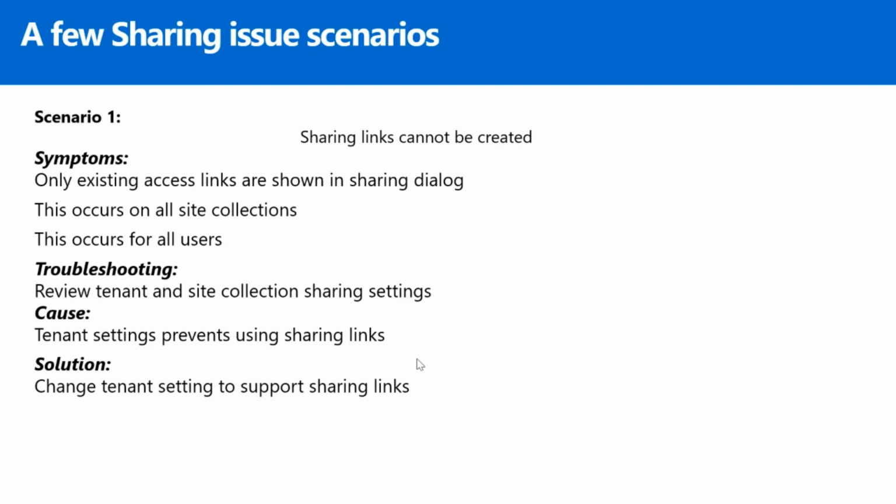So the troubleshooting that you can do is go ahead and review tenant and site collection sharing settings. And probably you may find the cause of the issue is that the tenant settings would be preventing the use of sharing links. Maybe somebody might have changed it, and that's why it's not working anymore. So the obvious solution is to change it back so that the tenant allows sharing links to be generated.